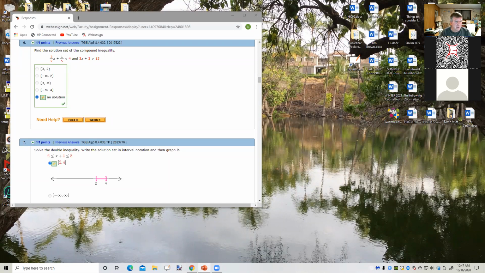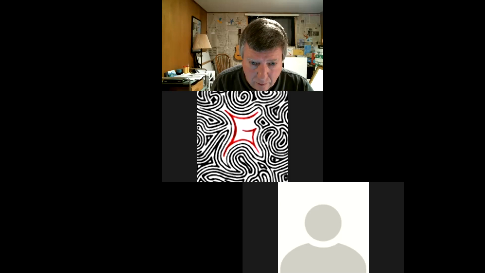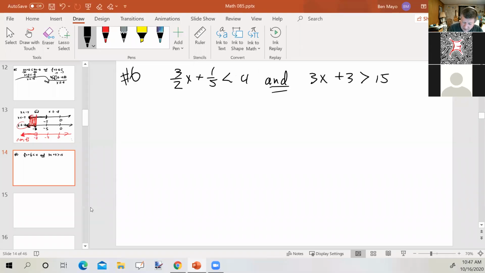So here we just want to solve the compound inequality. Let's go back and take a look at the page here. We're dealing with and, so that's an intersection.